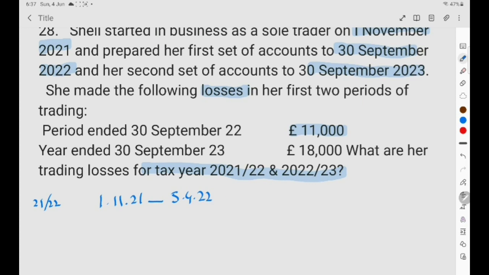This is the period of November, December, January, February, March, 5 months period. So if it is a 11,000 of loss for the period of 11 months, what is the loss for 5 months period? So it will be 5,000. Remember, the first tax year is always found out this way: from the date of commencement of business to the following tax year ending date.